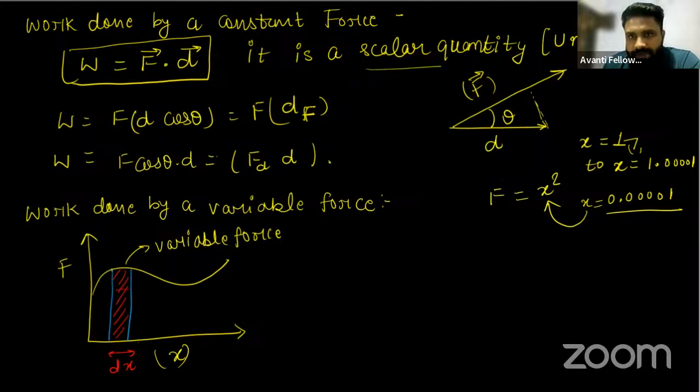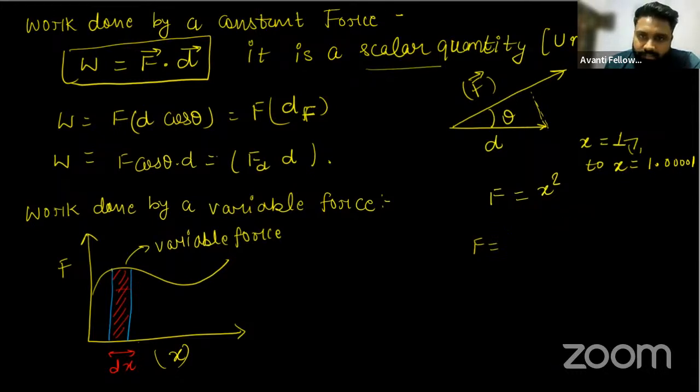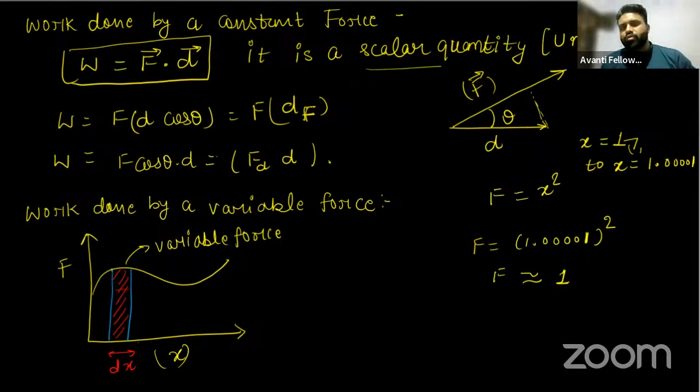Now, if you put this value in the expression of force, what will happen? If you calculate the value of force at x equals 1.0001, which means 1.0001 square, it is nearly equal to 1, because 0.0001 plays no role.